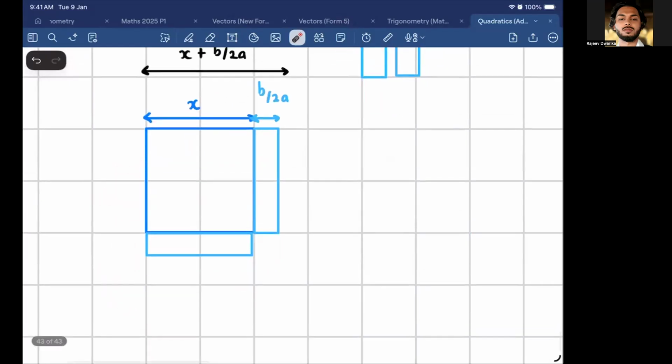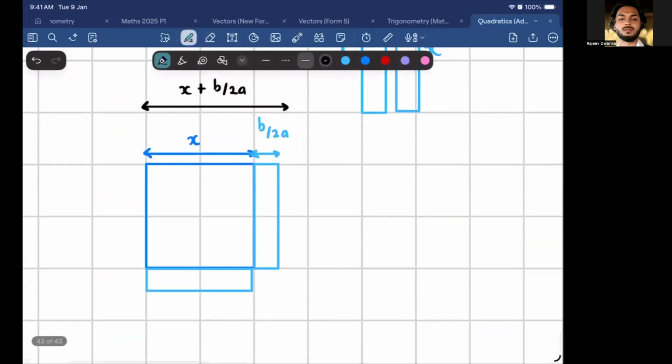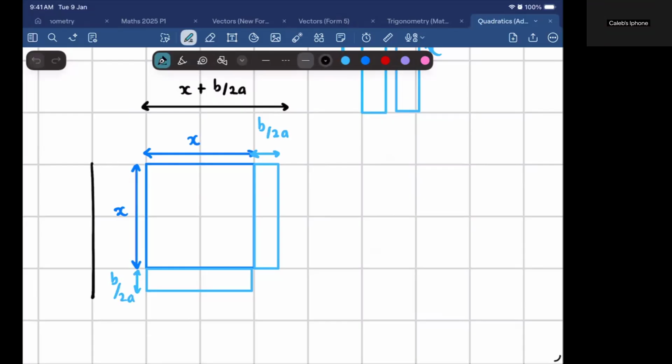Caleb, remind me, what was the dimension for this side of the square? It was x, right? And what would the dimension for this be? B over 2a. Right. Did we make our square then? Yes, we did make our square.